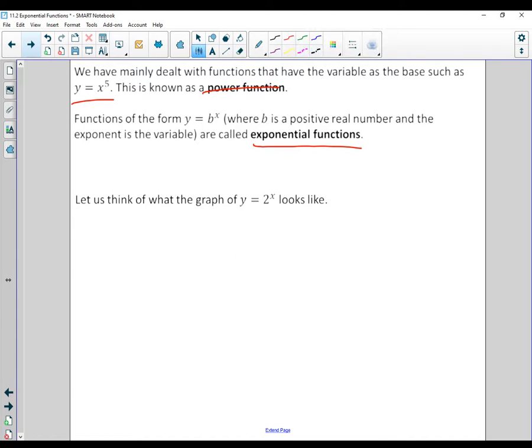Let's think about what y equals 2 to the x looks like. Here's our x, and here's our y. What happens when x is 0? What is y?